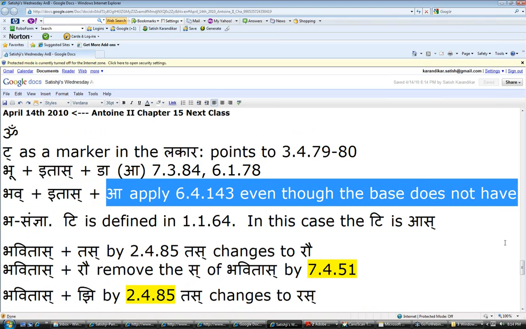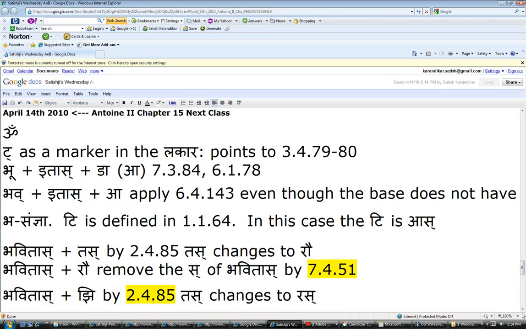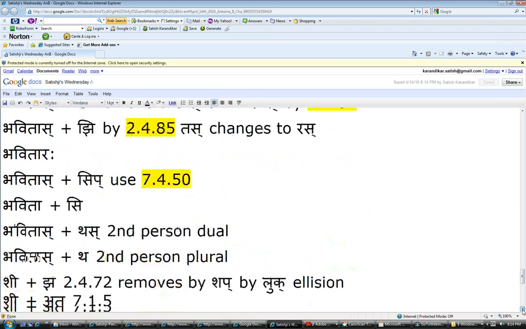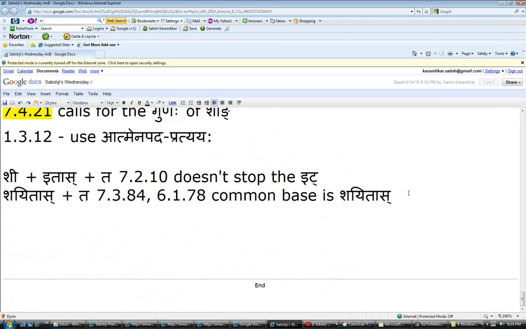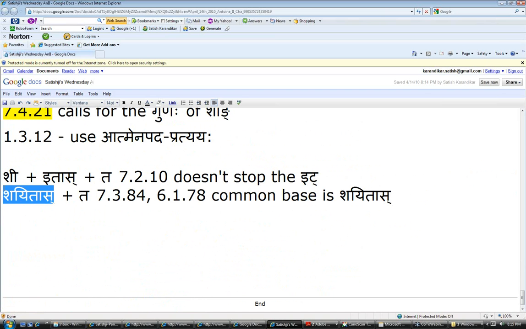Let me keep it simple and put it down here. Make it Shaitas plus Da by 2485.